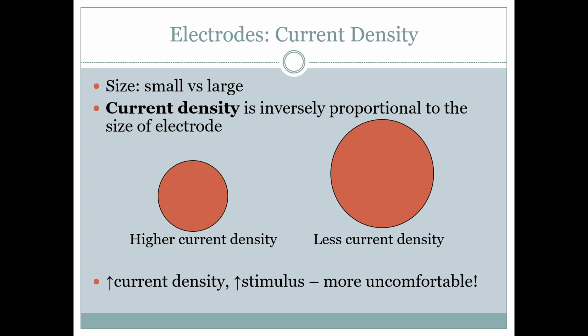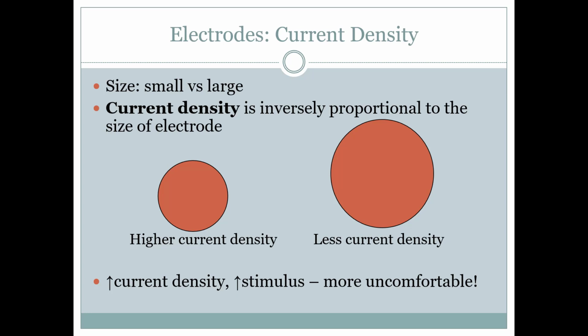Occasionally, during electrical therapy treatments, different size electrodes may be used to either increase or decrease the current density among motor points and to activate certain areas of the body. As we increase the current density by decreasing the area of the electrode, we increase the stimulus, which means there is a greater potential for an uncomfortable sensation under the smaller electrode.